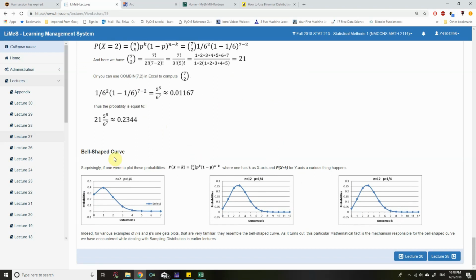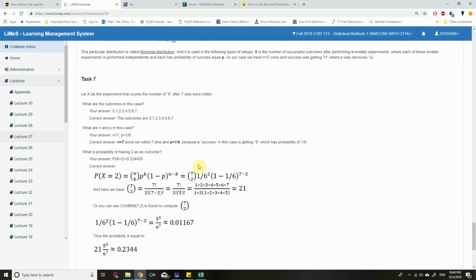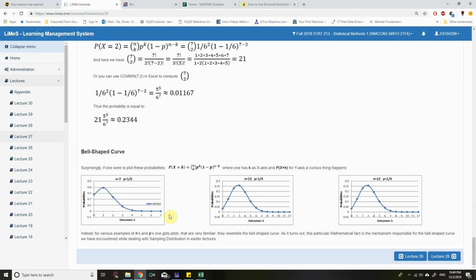Now the bell-shaped curve. Surprisingly, if one were to plot these probabilities for each of these 8 numbers, then we would get these kinds of things. Getting 0 would be nearly 0.3.